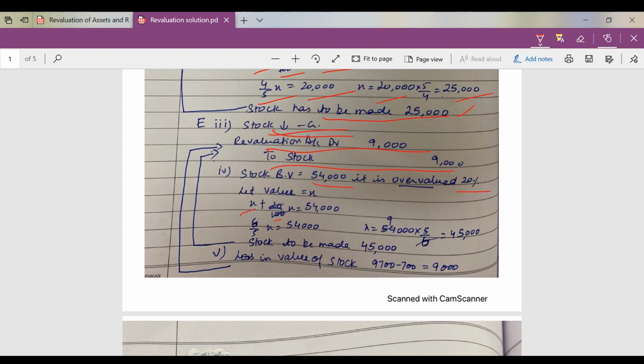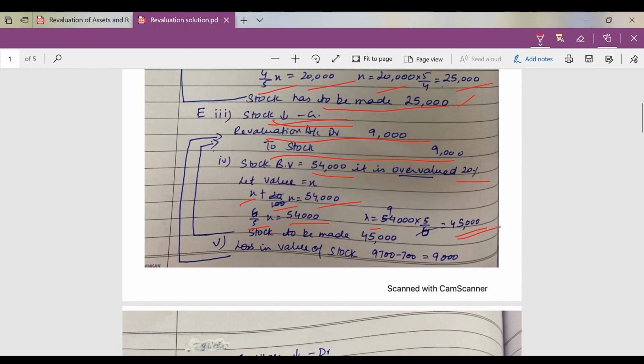So x plus 20% is 54. Or you can say 120% is equal to 54, or x value is working out to 45. That means the actual value should be 45. 54 minus 45, 9,000. So the same entry would be passed, revaluation account debit to stock account, to reduce the value of the stock, right?